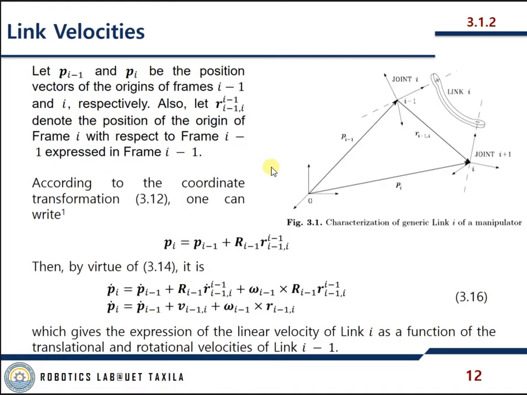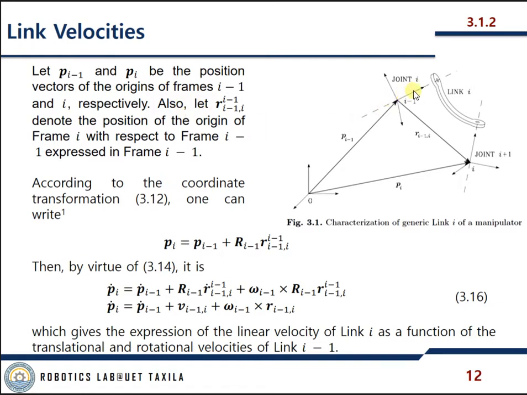below. Now extend this idea to many links. So consider that p_{i-1} and p_i be the position vectors of the origins of frame i-1 and i. So again, p_{i-1} and p_i.